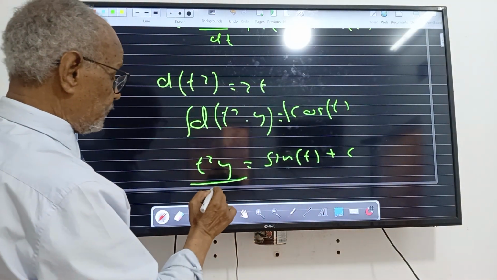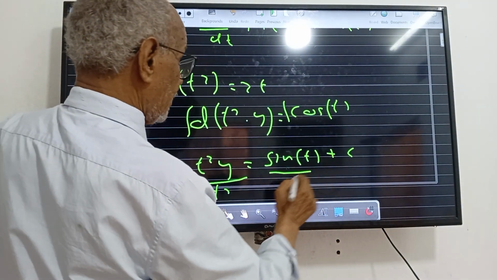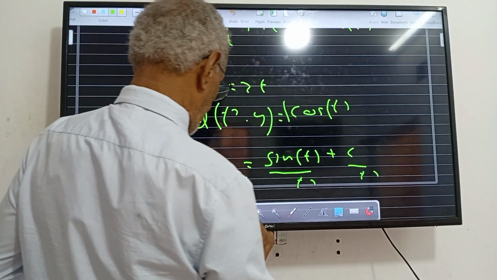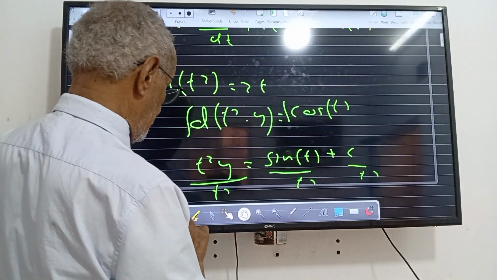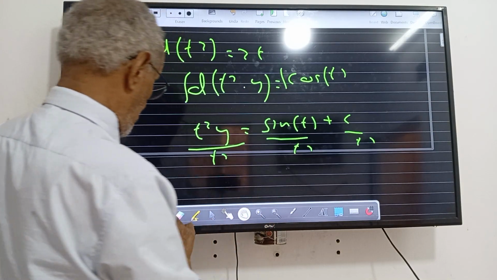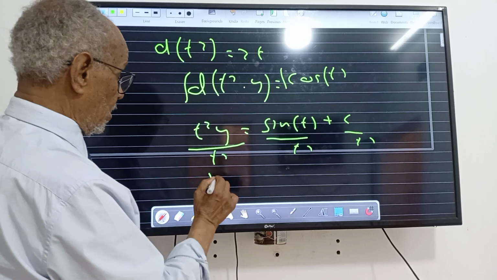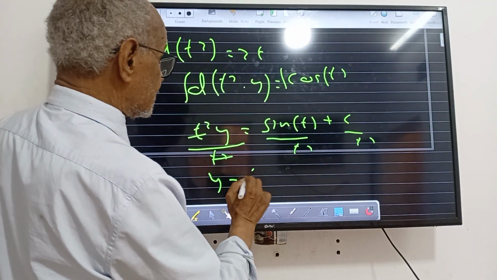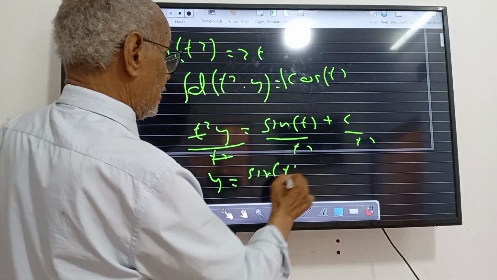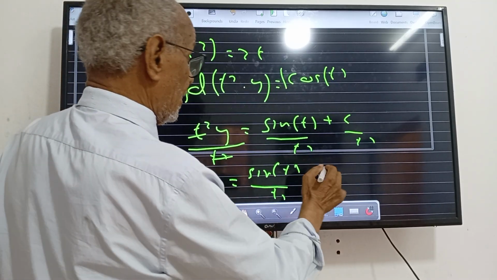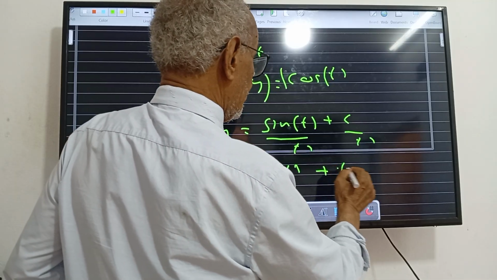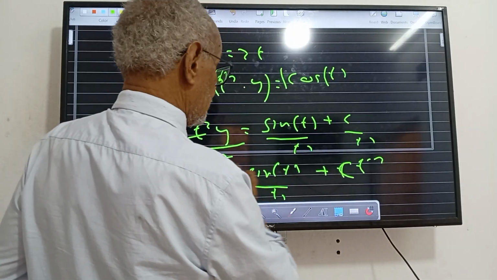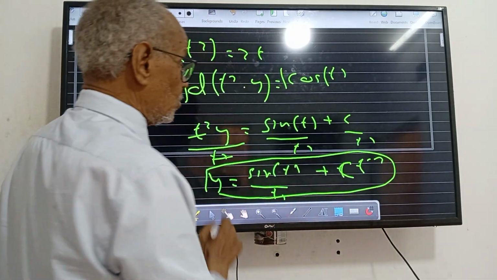In this case, you have to divide all terms by t squared. So finally y equals sine t divided by t squared, plus c t to the power minus 2. So this is a general solution for this.